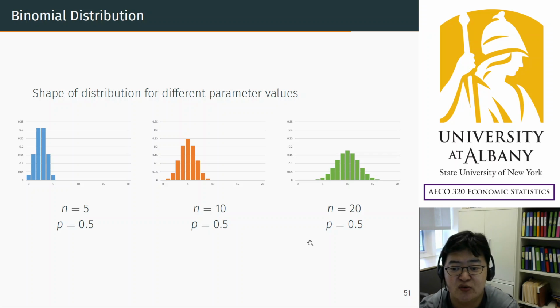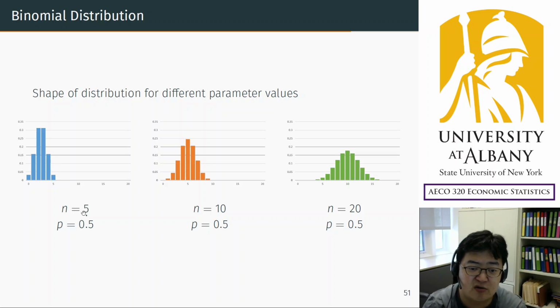Now, if you fix the probability at 50% and change the number of trials, then what happens is the range increases. It's always symmetric, but when n equals 5, it's concentrated between 0 and 5.